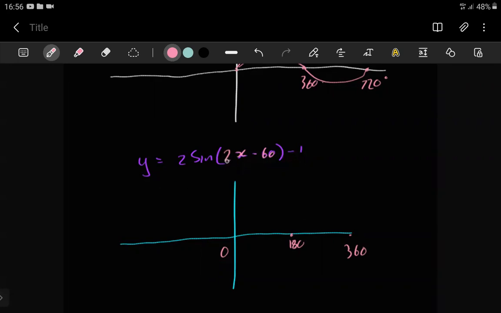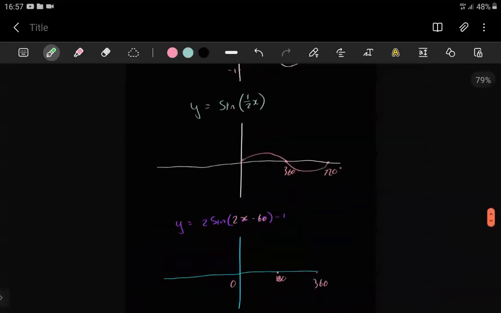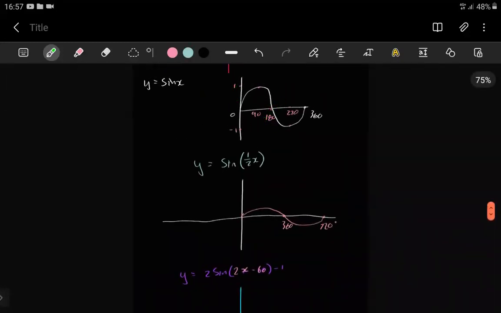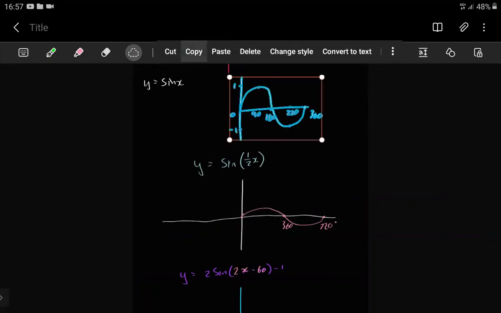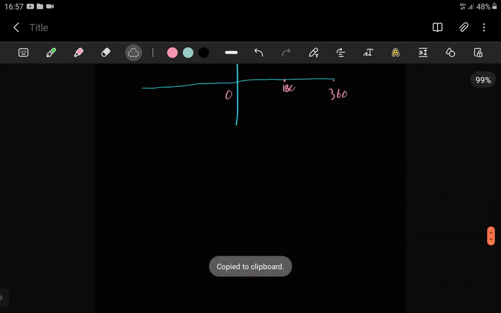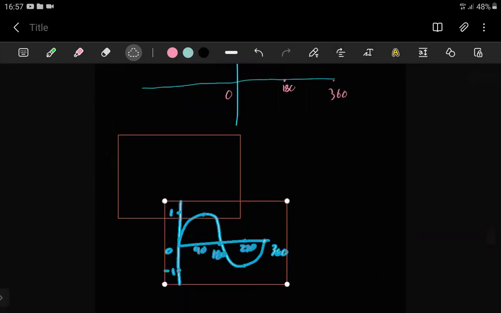So here you can see the frequency is a two, so you can already put something like this for yourself. And then here you can see the graph was moved 60 degrees to the right. So now you need to take into account these specific x numbers and move all of them 60 degrees to the right.